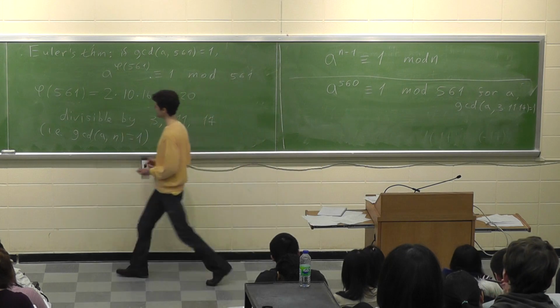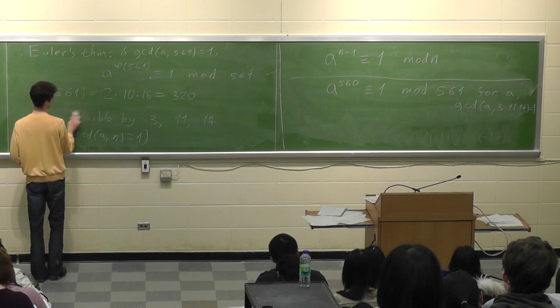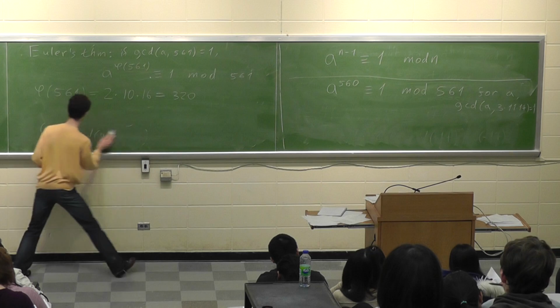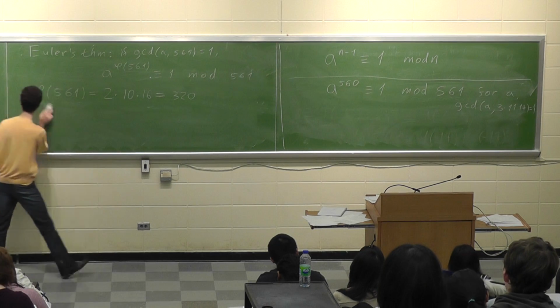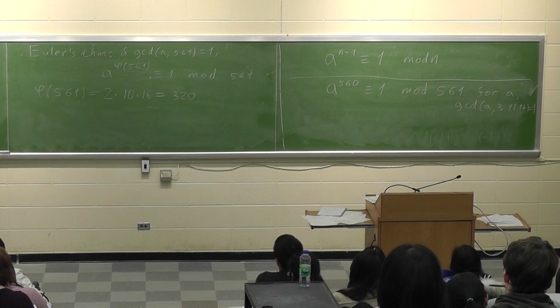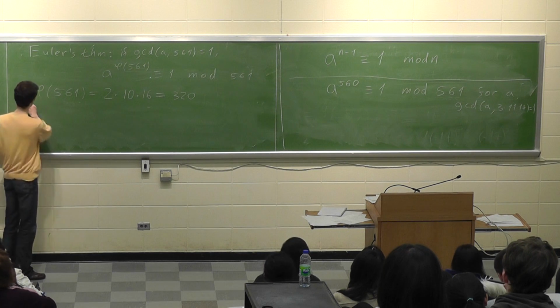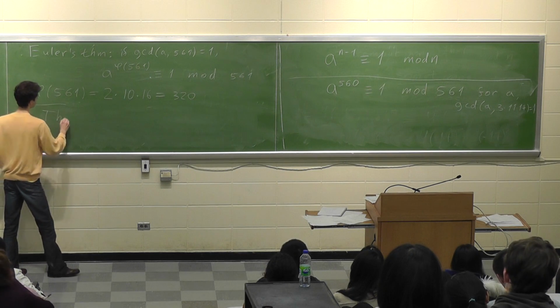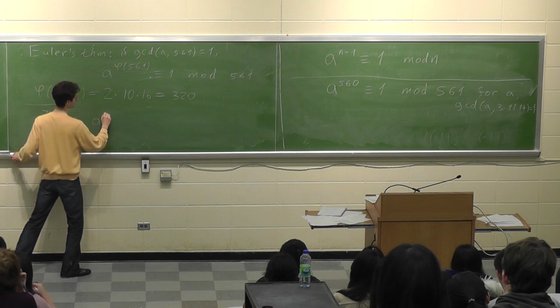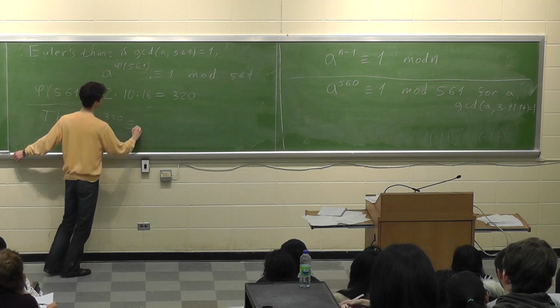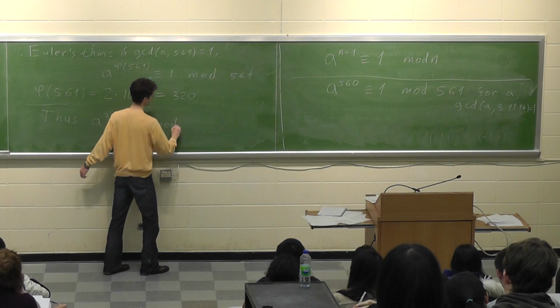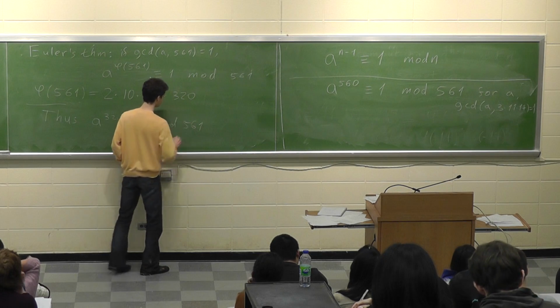Well, not really that much help. What I wanted to show, so I know that a to the power 320 is congruent to 1 modulo 561.